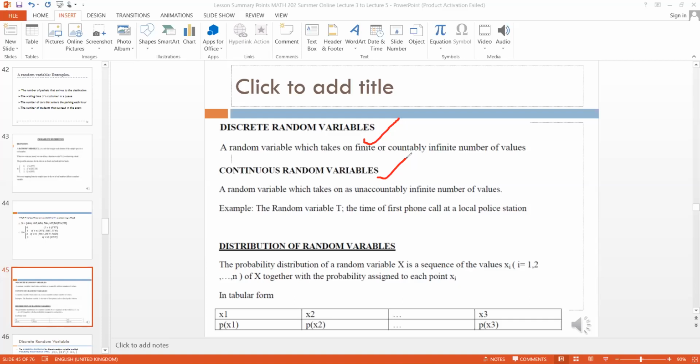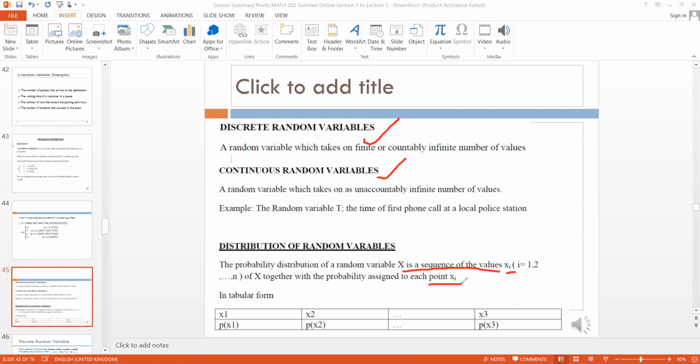Now the probability distribution of a random variable is a sequence of the xi, the possible values of the random variable, together with the assigned probabilities to each point xi, or better still, to each outcome.